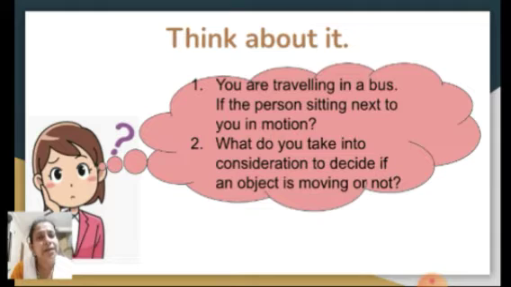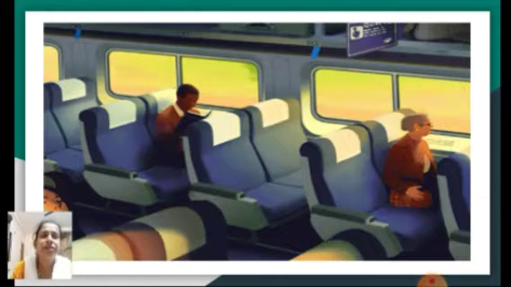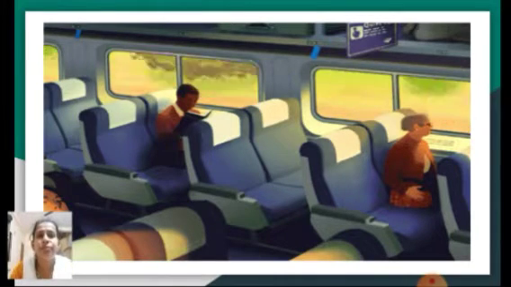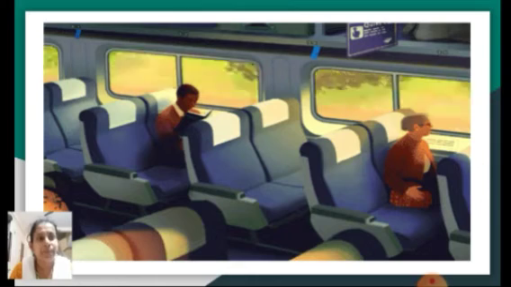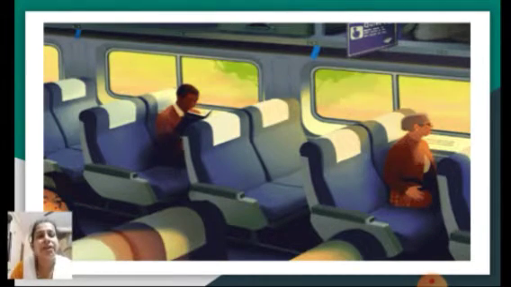Let's begin with the first question, that is you are traveling in a bus or maybe a train. Here there are two people sitting in this train, and if you look at them, they are moving in the train, right?